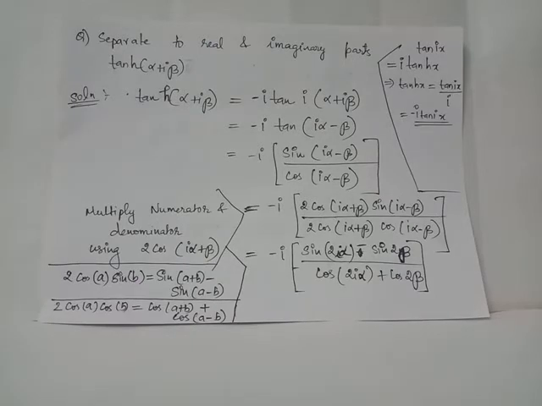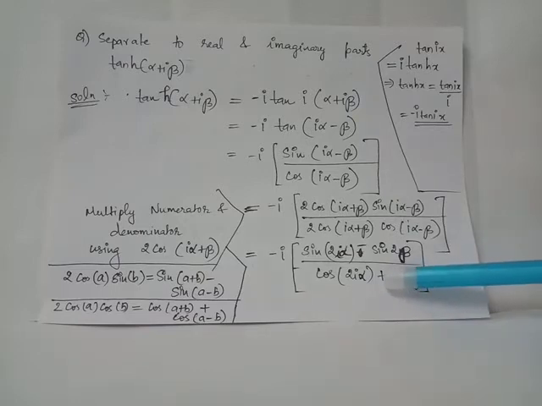In the denominator, we make use of the identity 2 cos A cos B equals cos A plus B plus cos A minus B, where A is I alpha plus beta and B is I alpha minus beta. When we apply the standard identity to the denominator, our denominator becomes cos I alpha plus beta plus I alpha minus beta, which is cos 2I alpha.